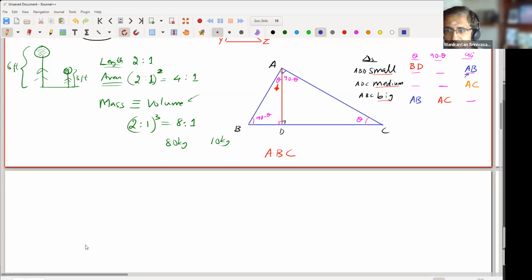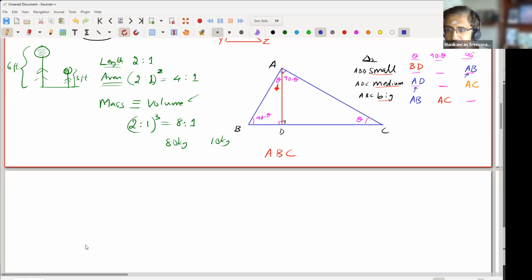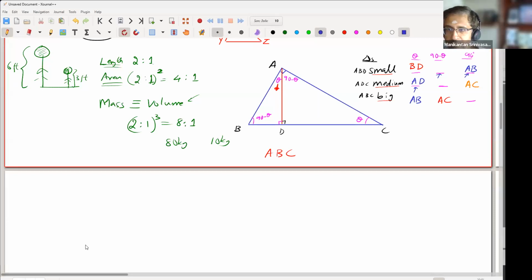Okay, Gyan, this one. AD. Okay, the one opposite to theta is indeed AD. Rachit, this one. So 90 minus theta, the one opposite to 90 in the small one is AD.